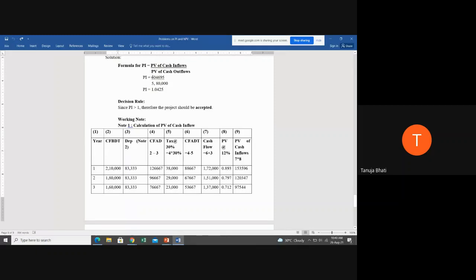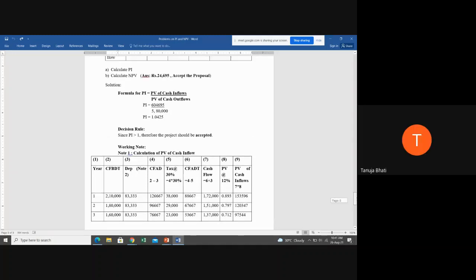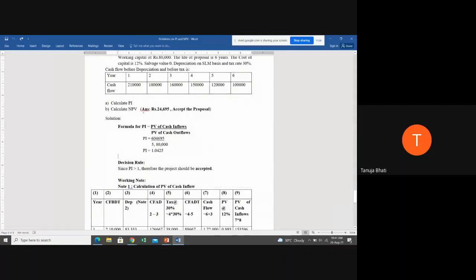Simple, students, instead of dividing these two, you just take 6,04,695 minus 5,80,000. This is going to be your NPV. So what is your NPV? 24,695, ma'am. So this is your NPV. So accept the proposal. Why are we accepting? Because it is greater than 0.